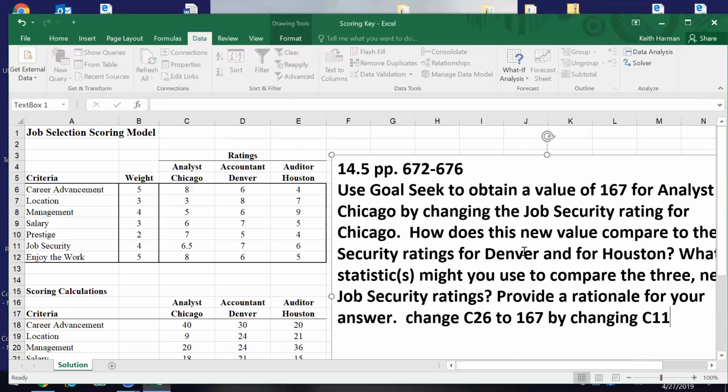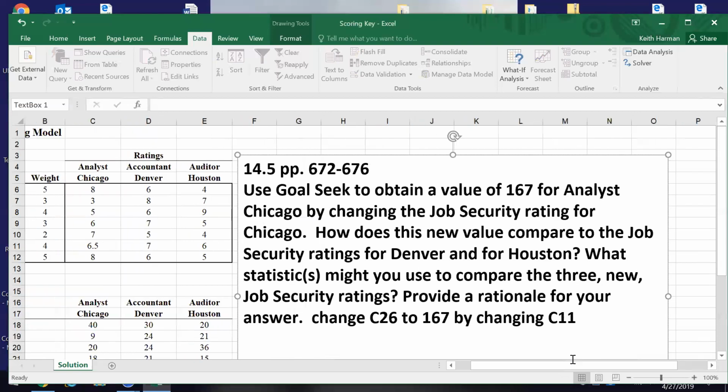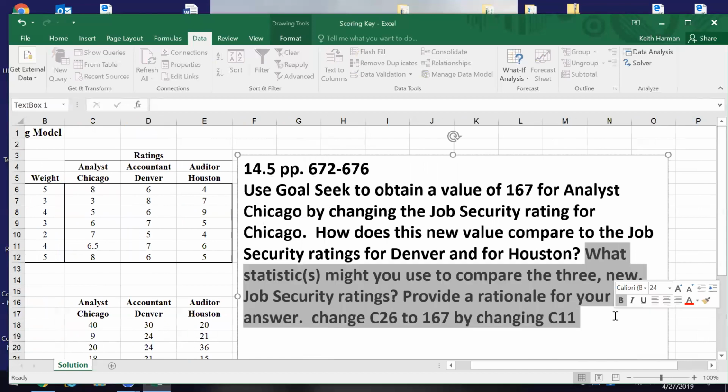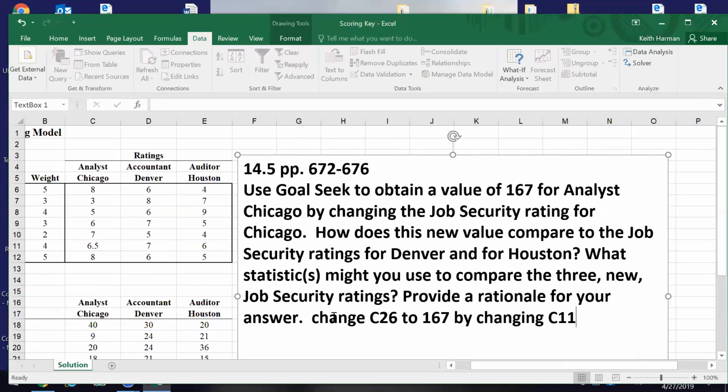Now, here's a key part of what I'm wanting you to do some thinking about. I can take a high school kid or a junior high kid and have them do this by just simply plugging in the numbers.